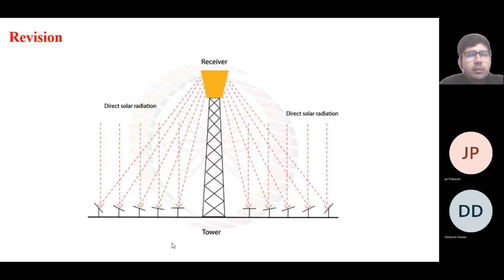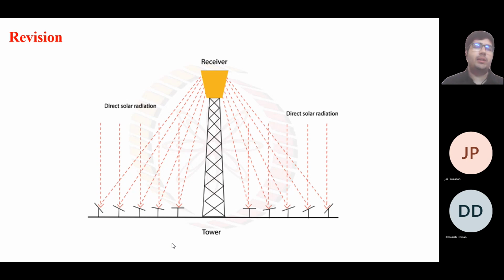Now suppose we don't need a very high temperature range, but we require more and more heat. We can put up a large park like this. In this park, we can build a tower.